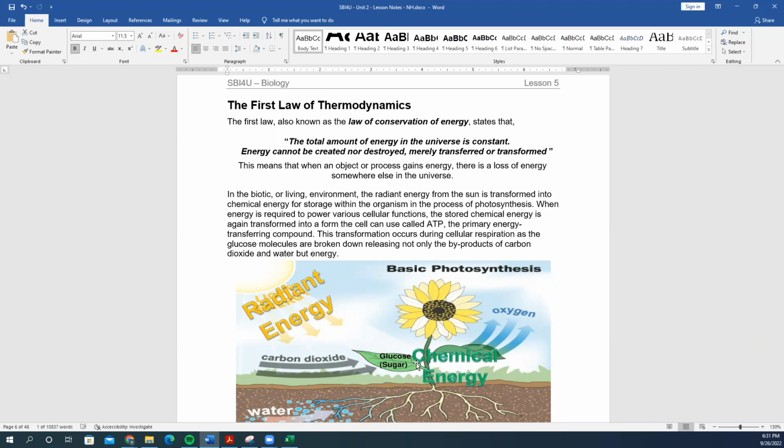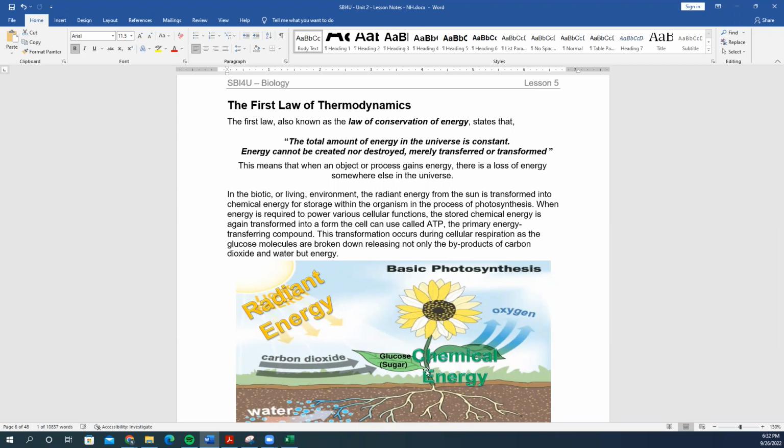And that's how energy gets transferred through this molecule of ATP. And how does this transformation occur? The transformation of radiant energy to chemical energy takes place through the process of photosynthesis, but the transformation of this chemical energy into that other usable energy currency takes place through the process of cellular respiration.